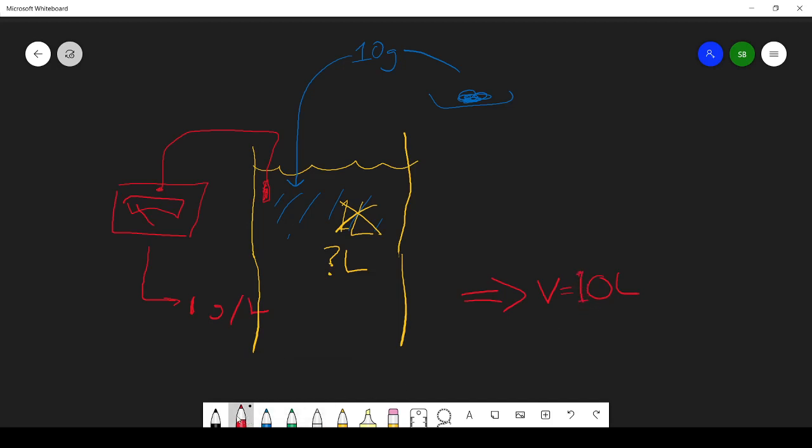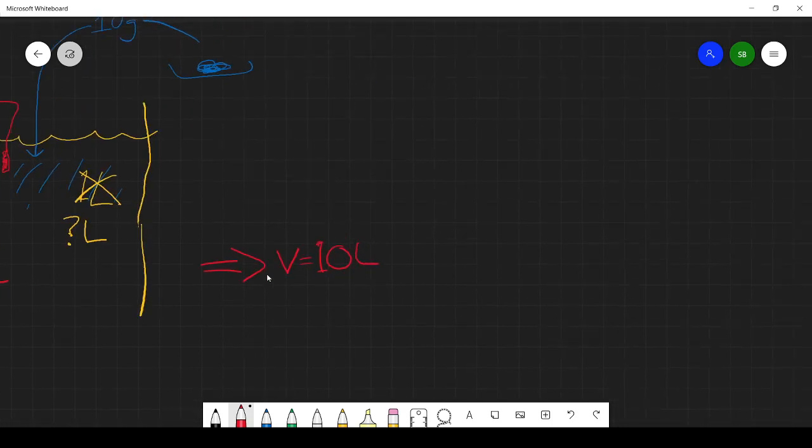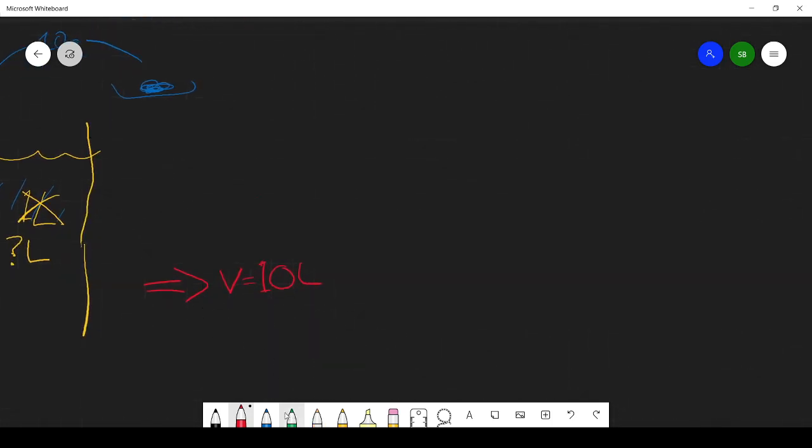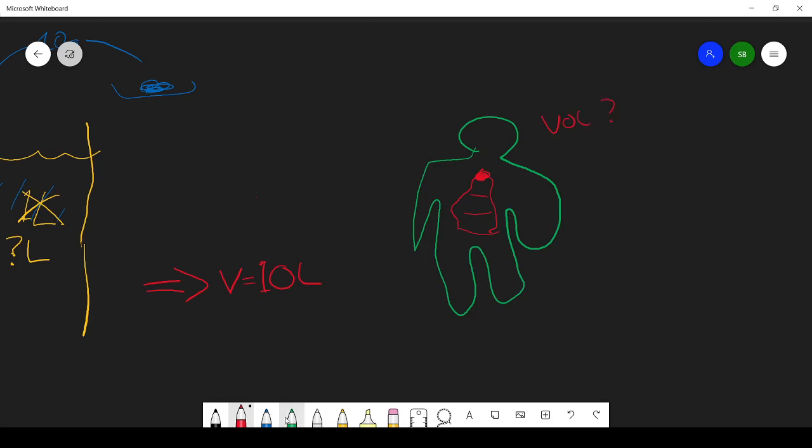So it's the same when we do the same thing with a human being. This time we have a person and they have a vascular system and we don't know the volume. So what we do is we inject a drug of known mass, let's just say 1 gram.